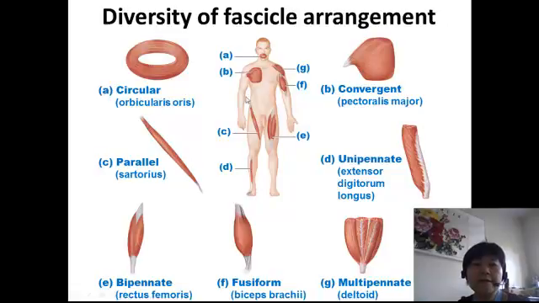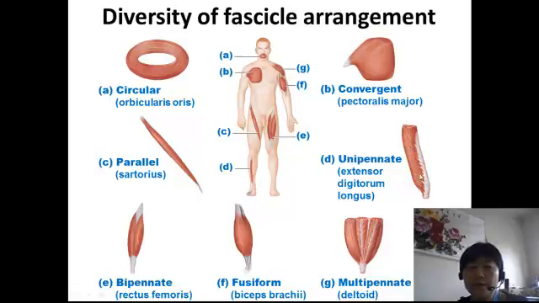B is convergent: you have a point, and the fibers converge from outside, which occurs around the shoulder. C type is parallel, which you have in the leg. The D type is unipennate, running diagonally in one direction.